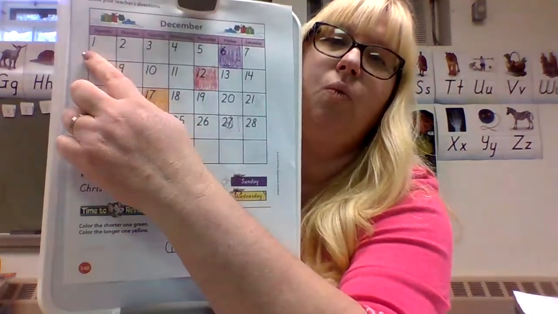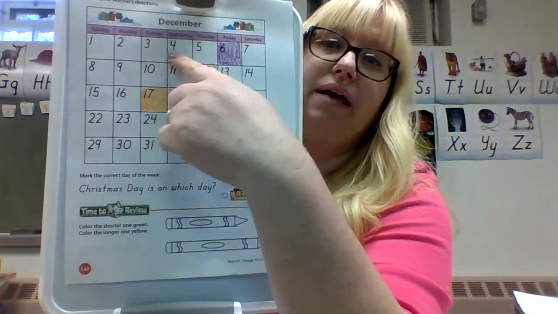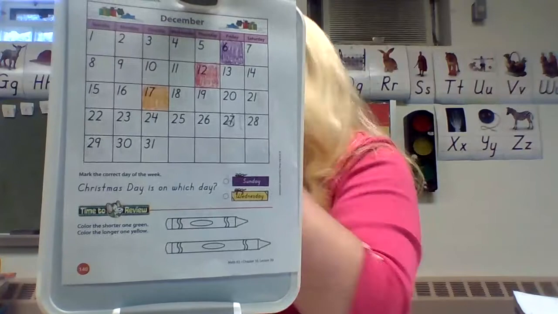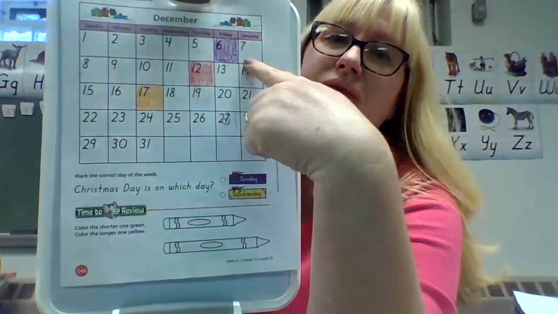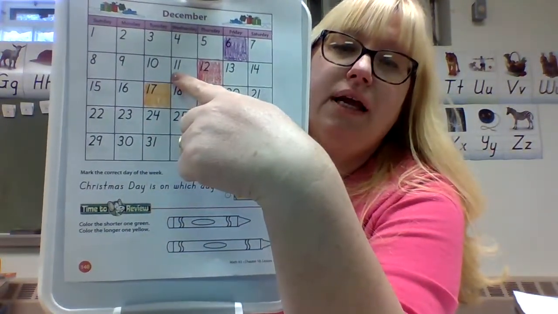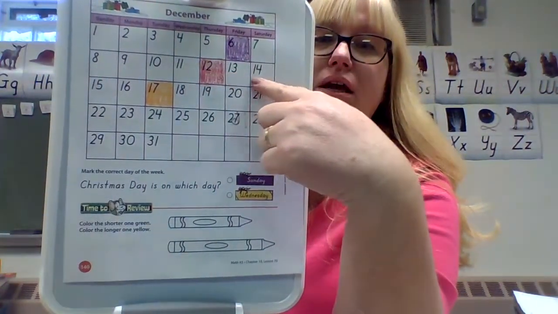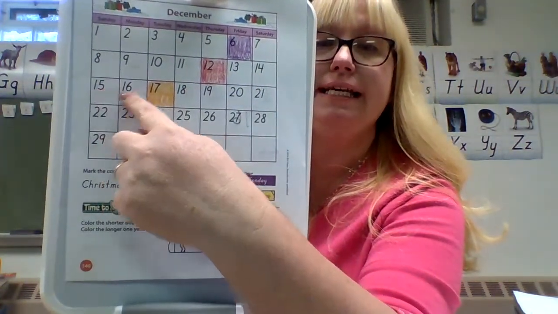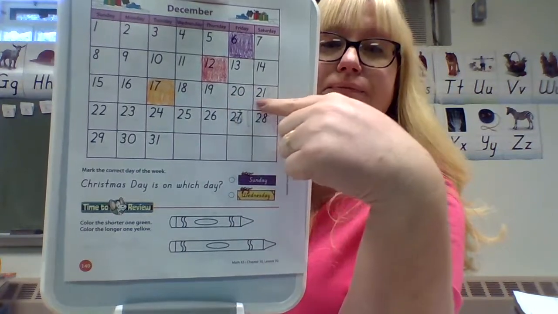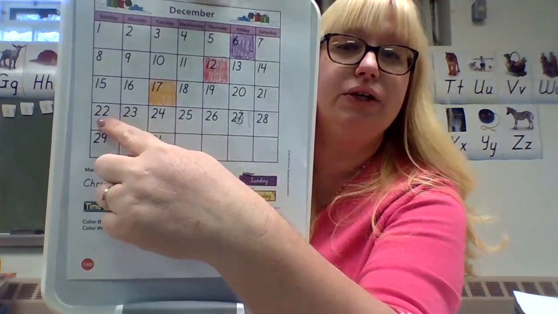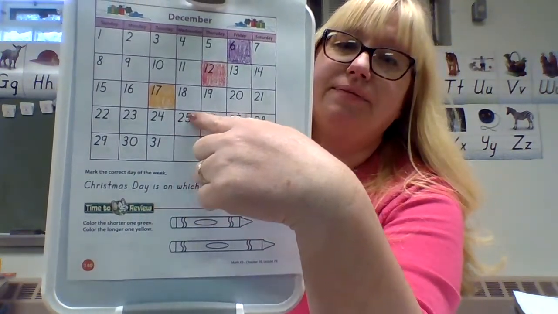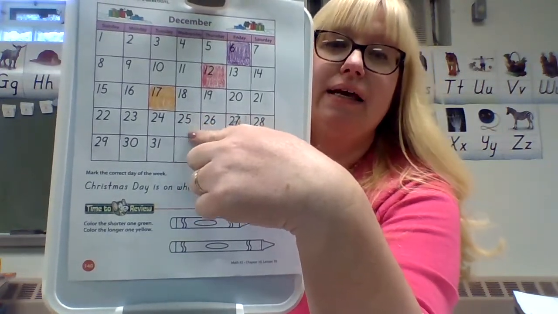Ready? 1, 2, 3, 4, 5, 6, 7, 8, 9, 10, 11, 12, 13, 14, 15, 16, 17, 18, 19, 20, 21, 22, 23, 24, 25. What day of the week is December 25th?